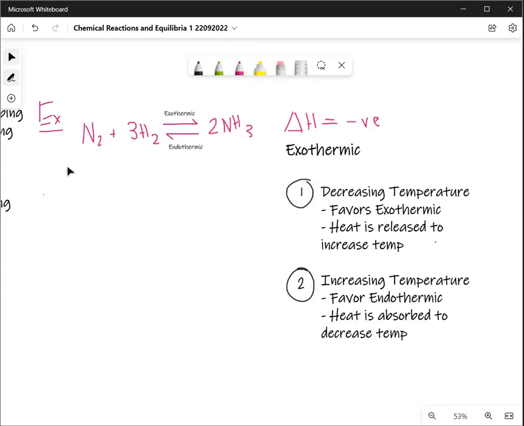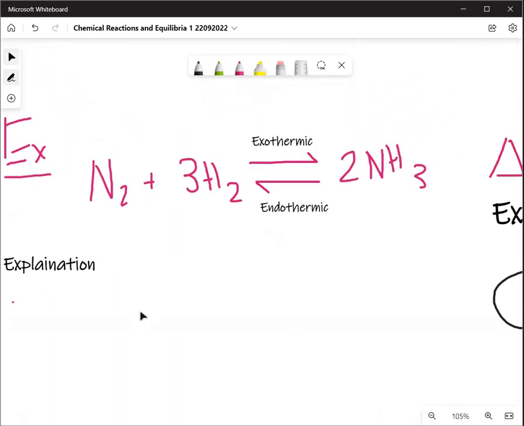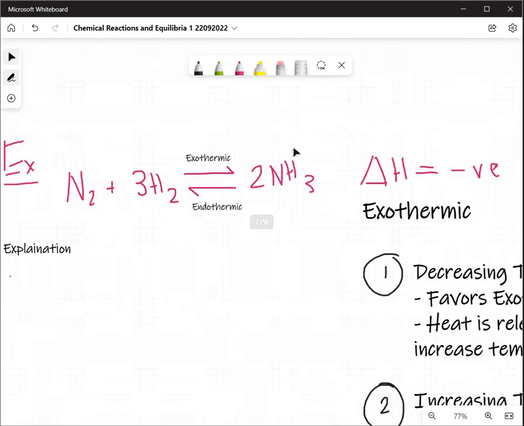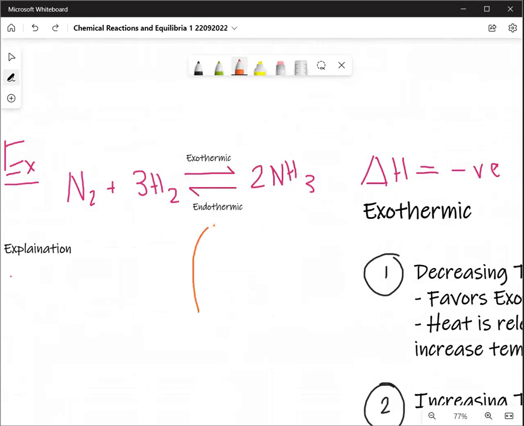Now, done writing. Let's look at why this happens. Let's focus on explanation. Right now, the forward reaction is exothermic. So let's say if I increase the heat here, I'm going to raise a fire.